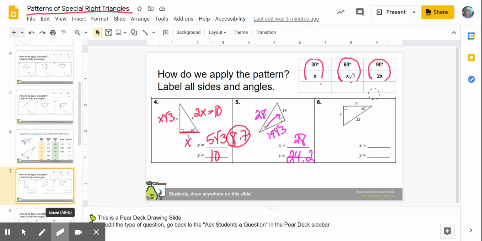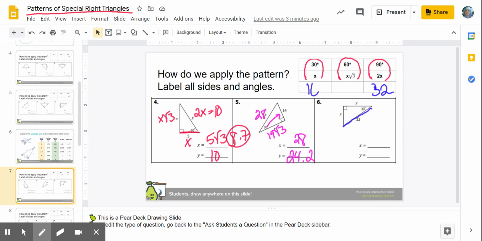So let's see about the last one. So here I'm given the hypotenuse. So is it easier to find the short side or the medium side from the hypotenuse? The short side. All you got to do is divide by 2. So what's 32 divided by 2?